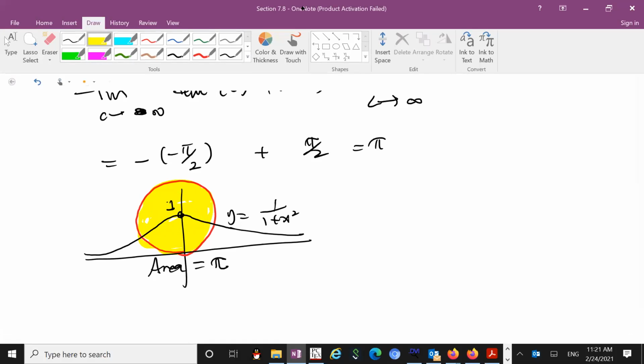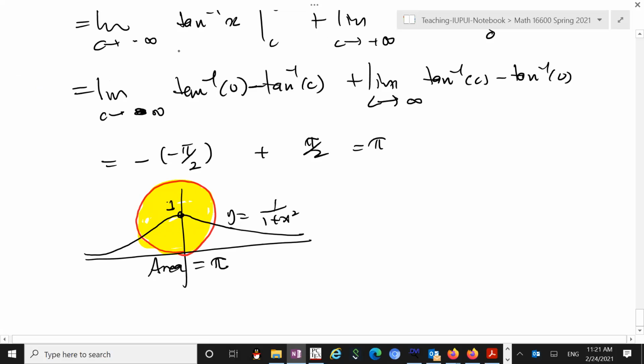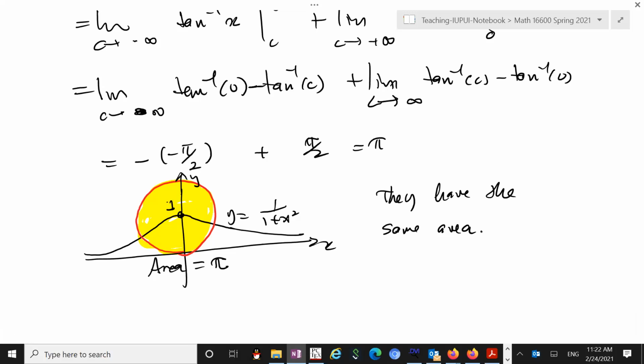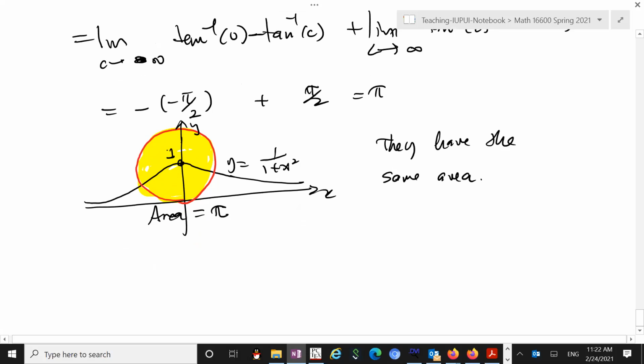It has the same area as the region under the graph 1 over 1 plus x squared. It's harder to see without doing the calculation. Although the region under the graph is unbounded, it still has the same area as the circle with radius 1.